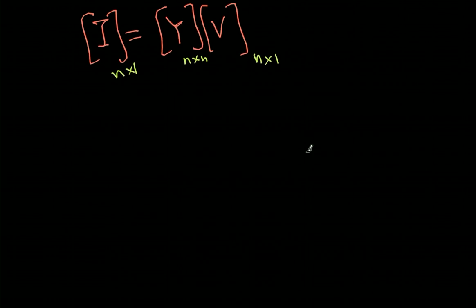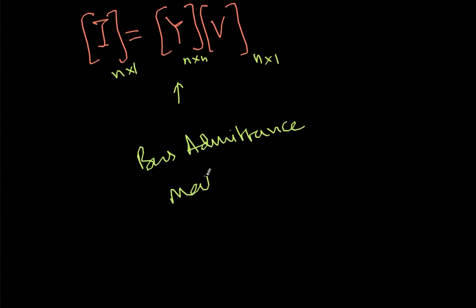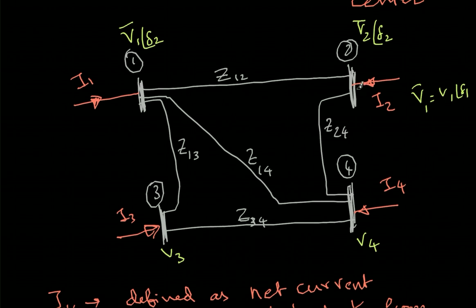The relation between them is this, and this matrix is the bus admittance matrix, also denoted as Y bus. So already you know one thing, the size of this bus admittance matrix is n cross n. For our example problem, the Y bus will be a 4 cross 4 matrix.